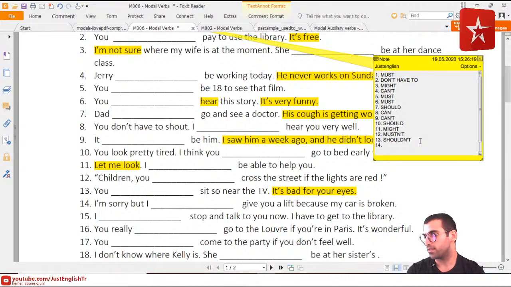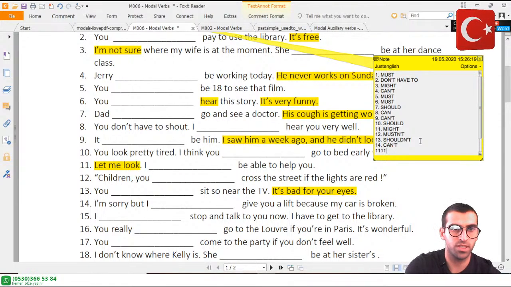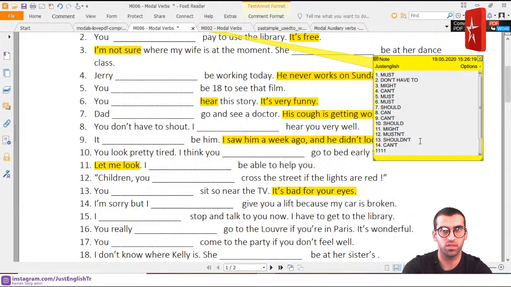Yes, Minel, Mehmet, Gamzenur, Şeyma, Nursaç, Azime, Sıla, Ceyda, your answers are correct. Can't is a correct answer for number 14. I'm sorry, but I can't give you a lift because my car is broken.